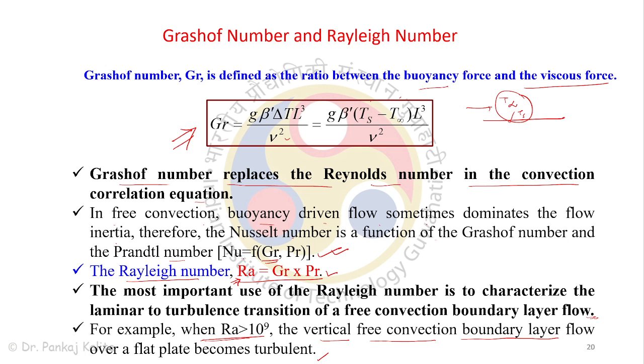Nusselt number is a function of Grashof number and Prandtl number for free convection, right? And the product of Grashof and Prandtl number is your Rayleigh number. This is also a very important number that we need to know. Rayleigh number basically characterizes the laminar to turbulent transition in a free convection system.